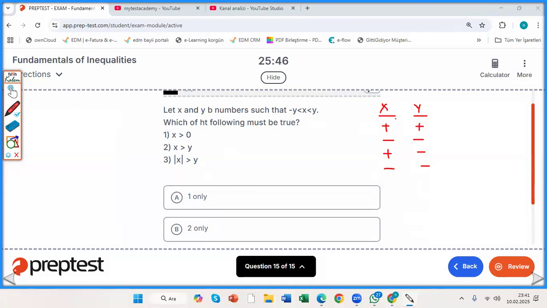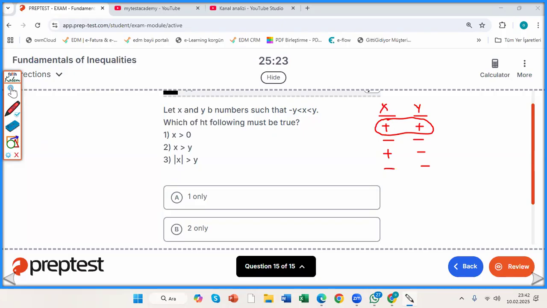Assume that x is positive and y is positive. Let's use some sample numbers, for instance 4, 3 and minus 4. Is it true? Each number is positive, no problem. It is possible.